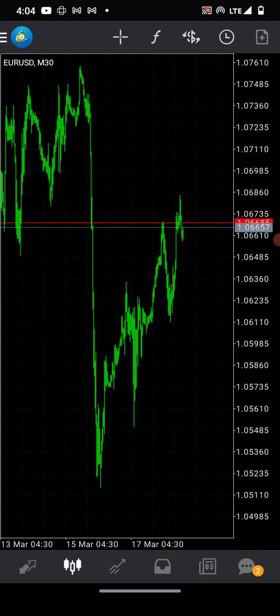Is that right? Yeah. See, 0.1 lots gives you $1 per pip of movement, but 0.5 gives you $5 of profit or loss. Are you following me? I'm kind of asleep right now.